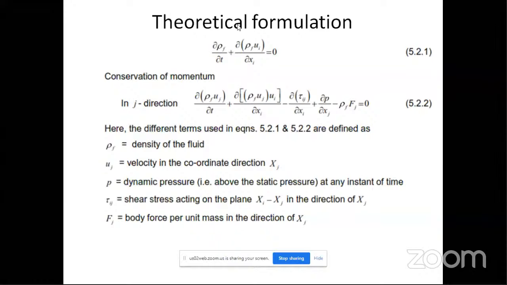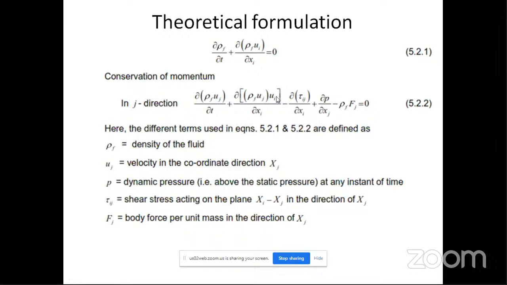Here I have written in the j direction, and j may be 1, 2, 3. In three dimensions, if j is 1, then i will be 2 and 3. If j is 2, i will be 1 and 3.